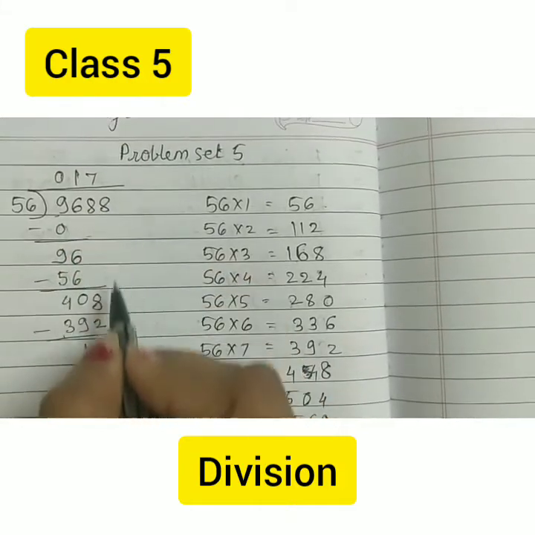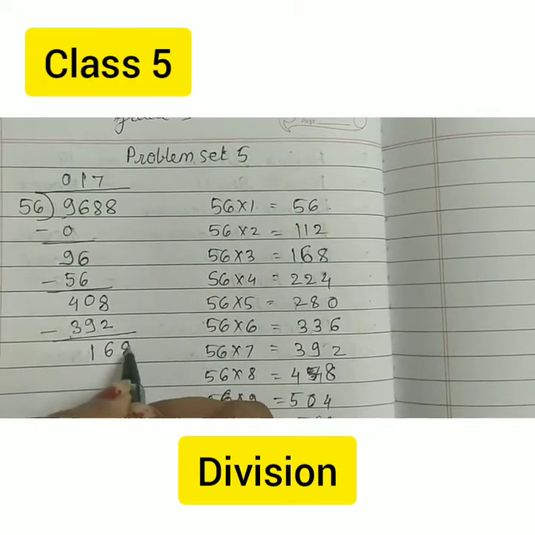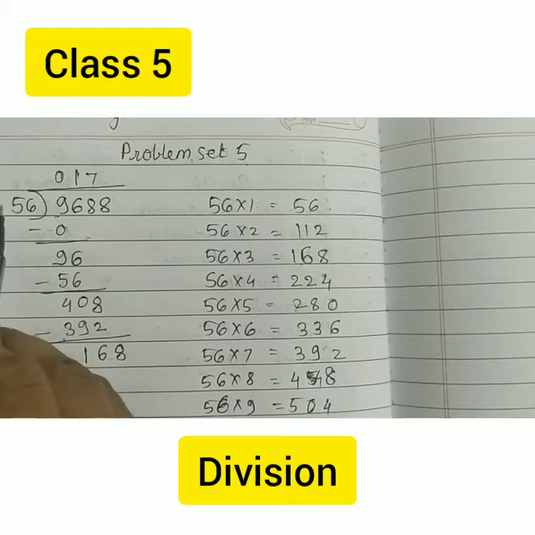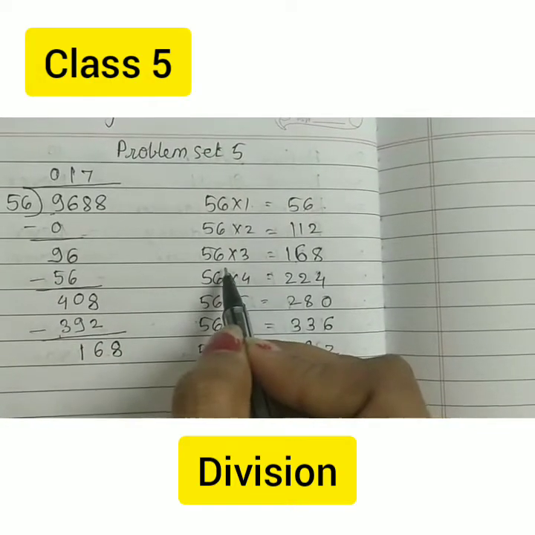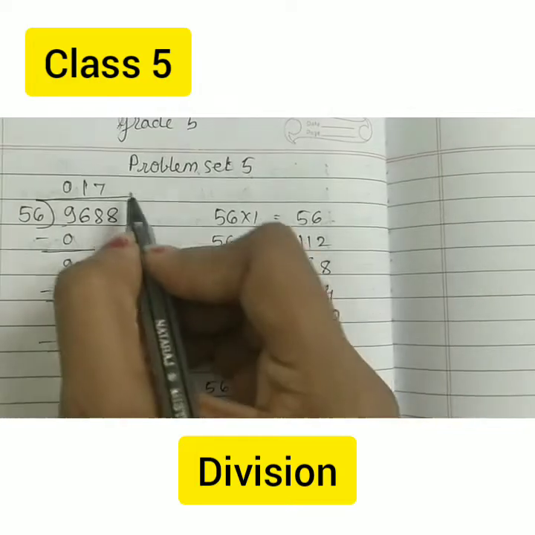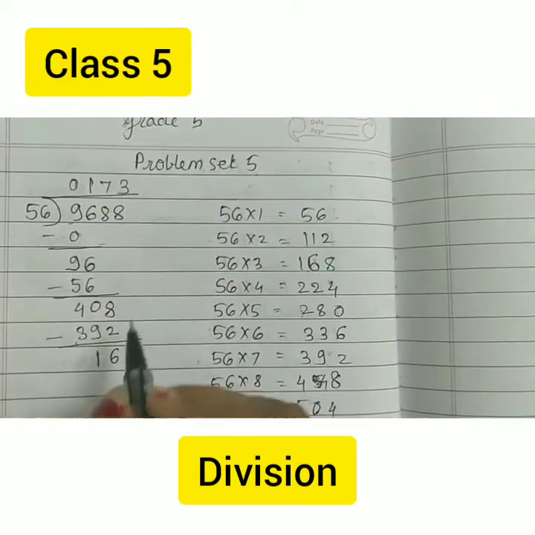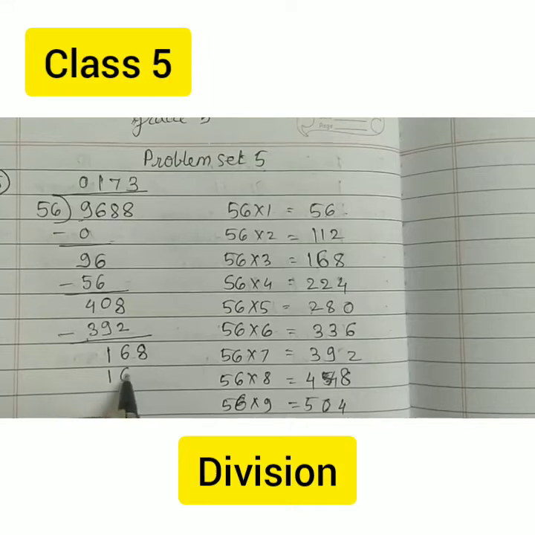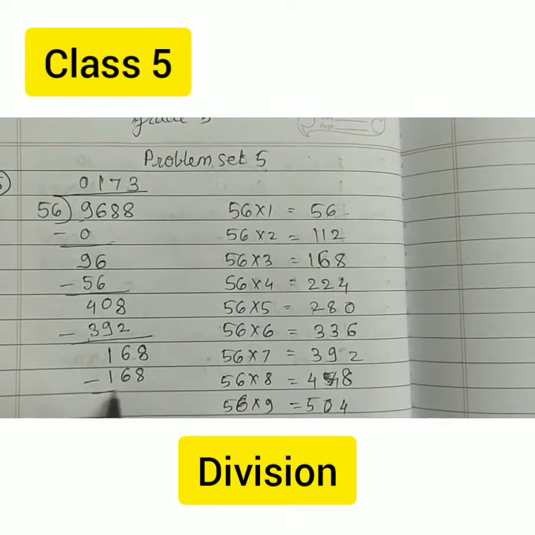Okay, again we are going to take this 8 down, so 56 threes are 168. Okay, so I'm going to write 3 and 168 I'm going to subtract.